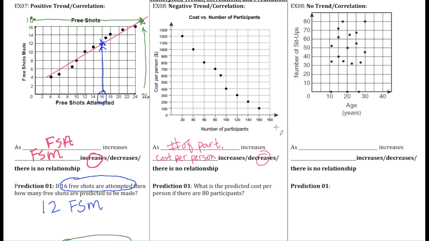Let me start again. 1, 2, 3. I think this is a whole one, 4.5, and this is 1, 2, 3, 4-ish. It's good enough, right? It pretty much splits it in half.